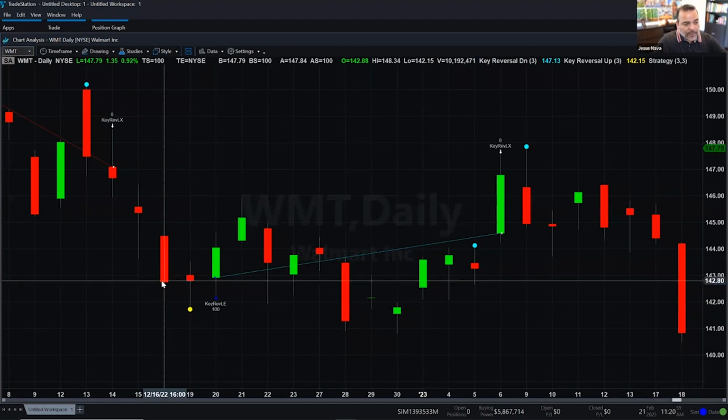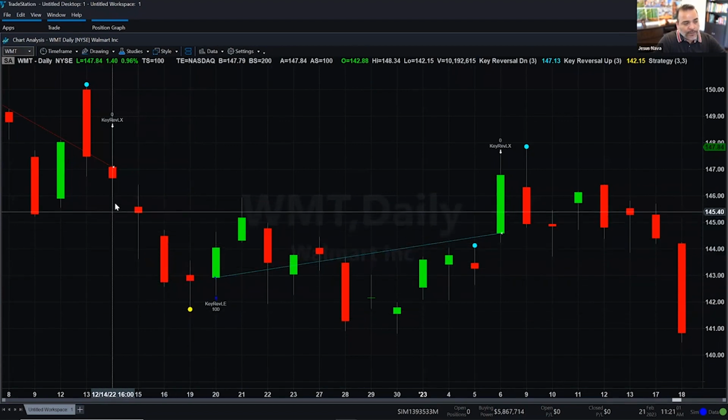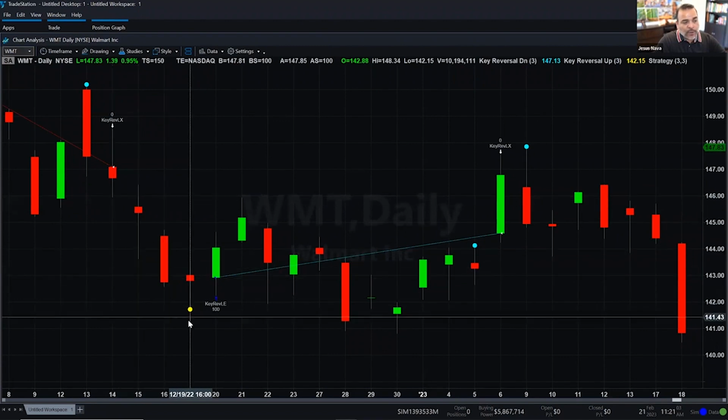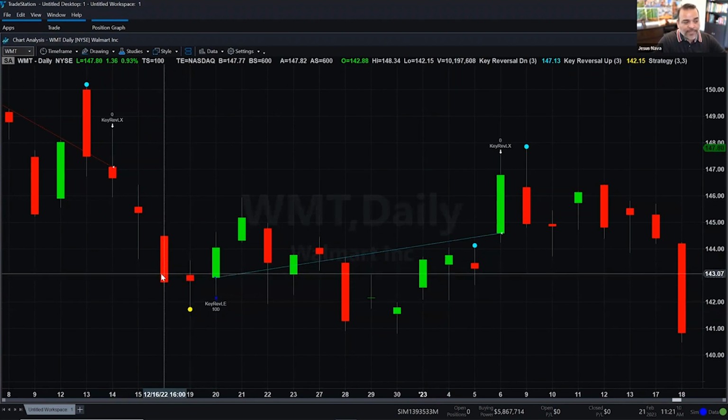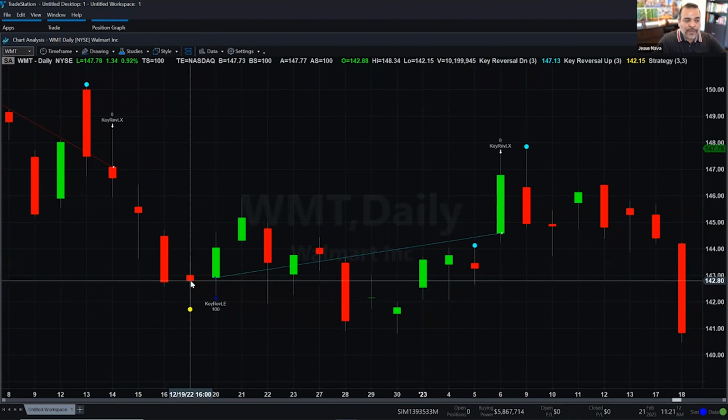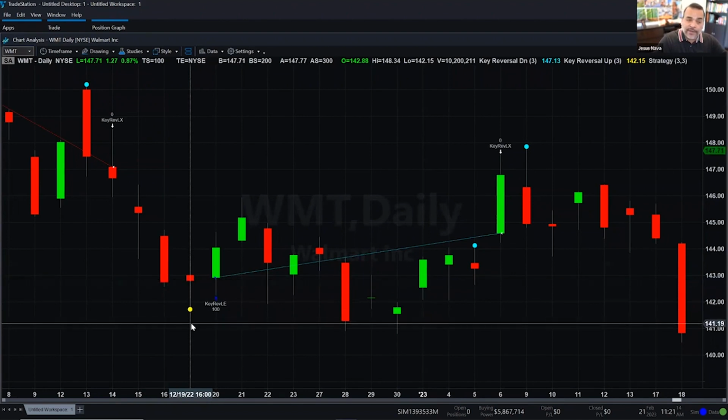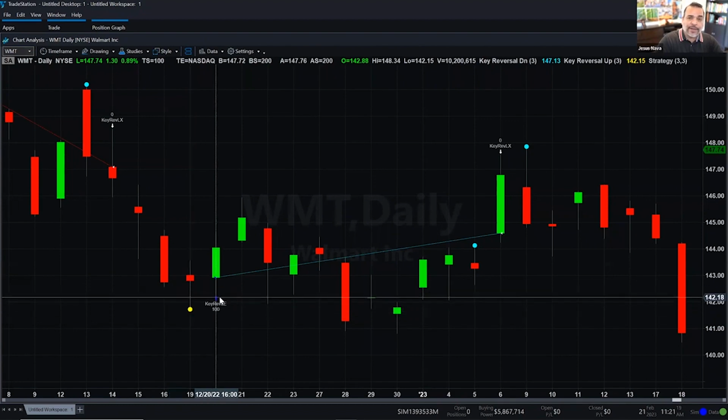It looks at 3 bars back, 1, 2, 3. We have a sequence of lower lows. That's very visible here. And then the closing price of the candle is higher than the closing price of the prior candle. So it met the criteria of the key reversal up. And as soon as it did that, it generated a long entry for the next tick, which is the opening price of the bar. Does that make sense?